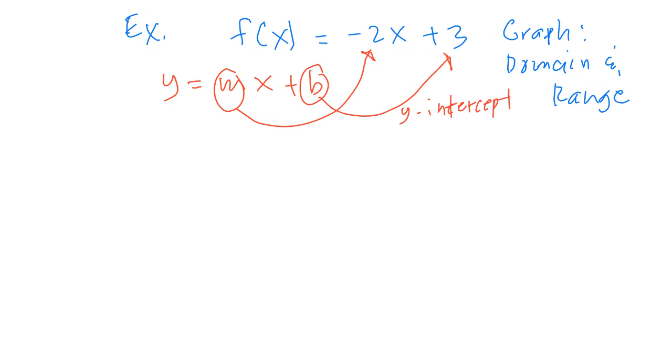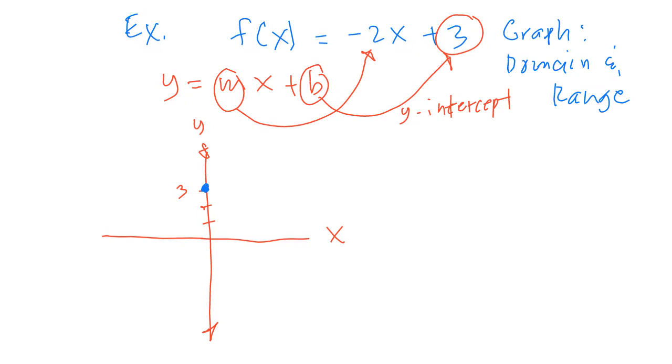Okay, so we can actually do something like this. This is our y, and here's our x. Negative 2 is our slope, and positive 3 is the y-intercept. So we pick first our y-intercept, which is 3. That's our first point. 1, 2, 3. So let's mark that one.